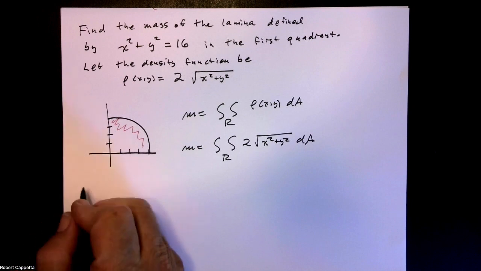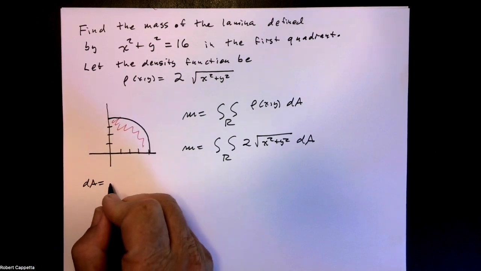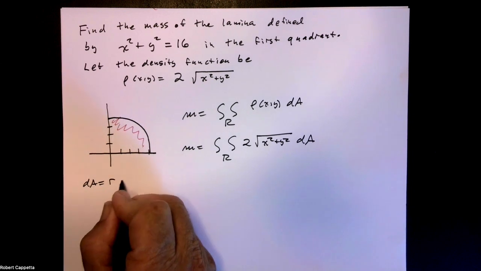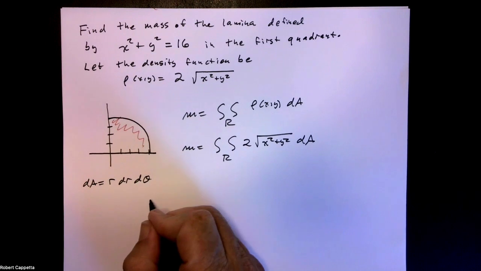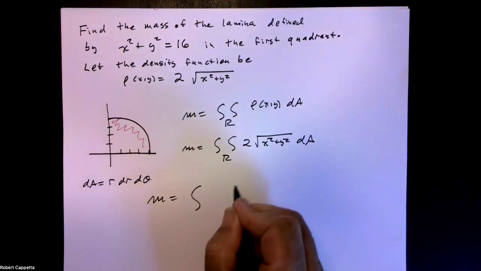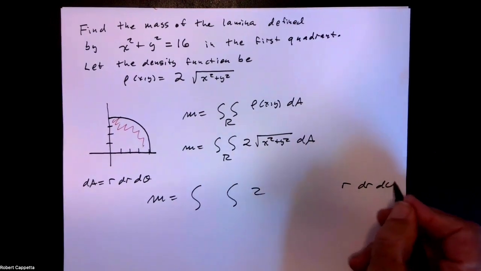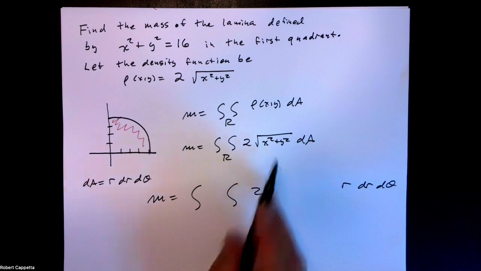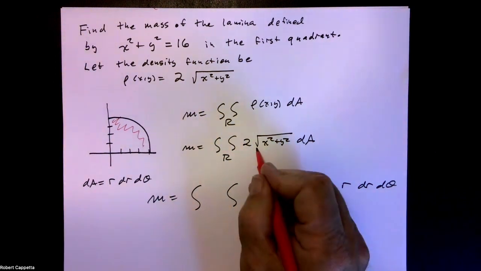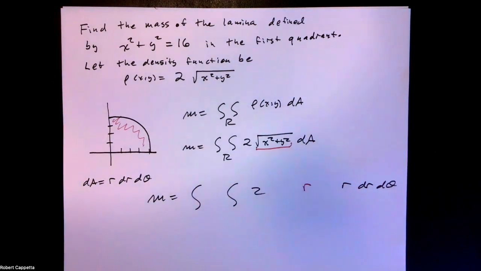So let's remember that dA in polar coordinates, which is dy dx in rectangular coordinates, is r dr d theta. We recognize that x squared plus y squared is r squared. So the square root of x squared plus y squared would just be r.